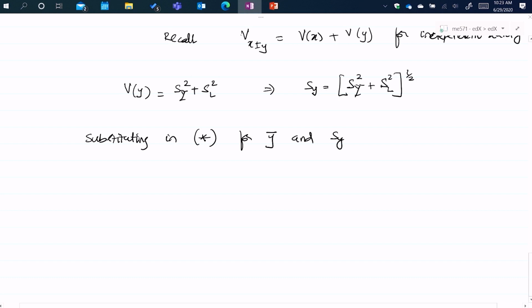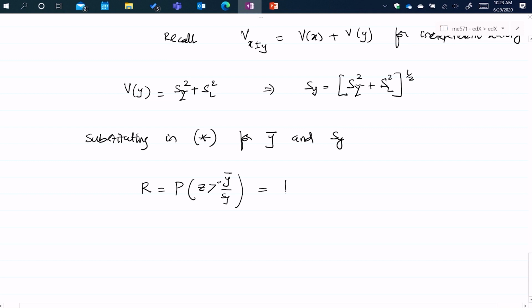we get reliability equals the probability that z is greater than negative of y bar divided by s sub y.